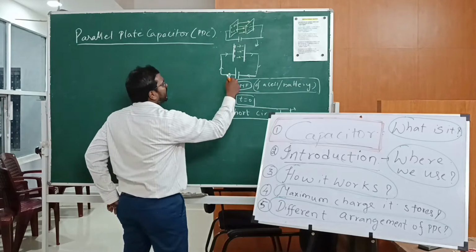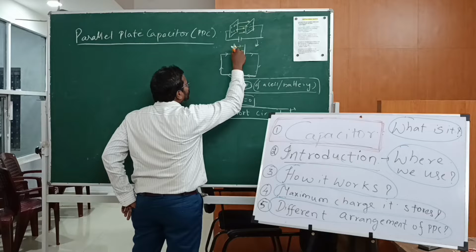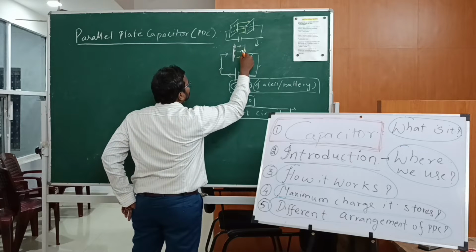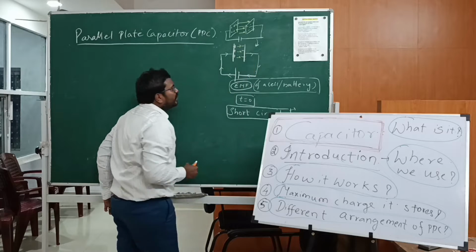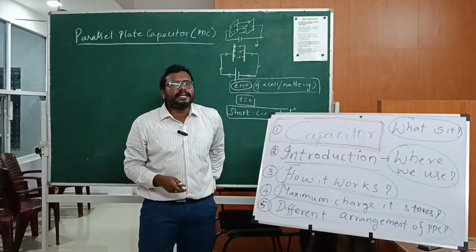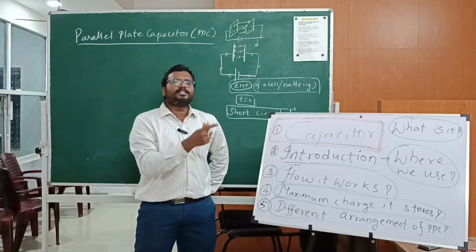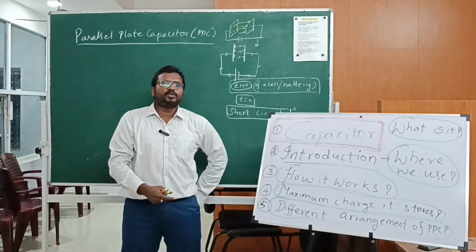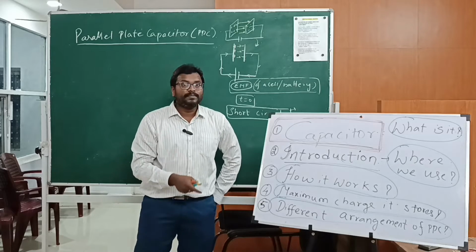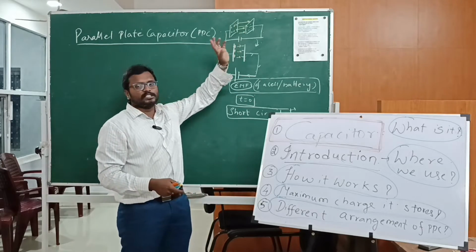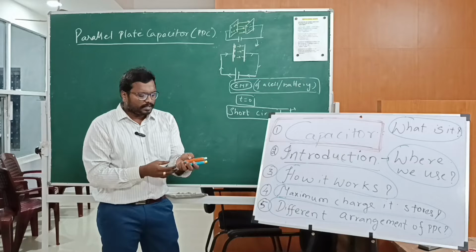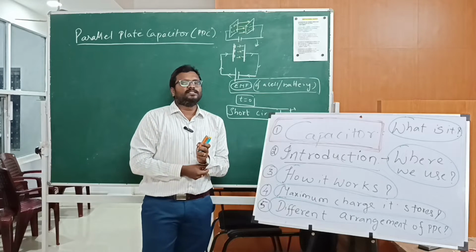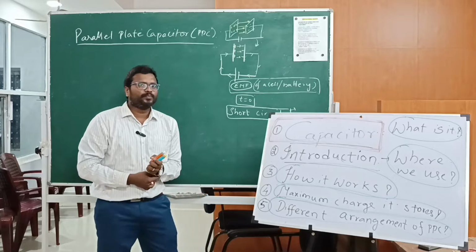Here the higher potential plate usually stores positive charge, and the lower potential plate usually stores negative charge. And remember, it does not mean the net charge is going to be zero. Whenever the charge on a capacitor is asked, the total charge is only Q.